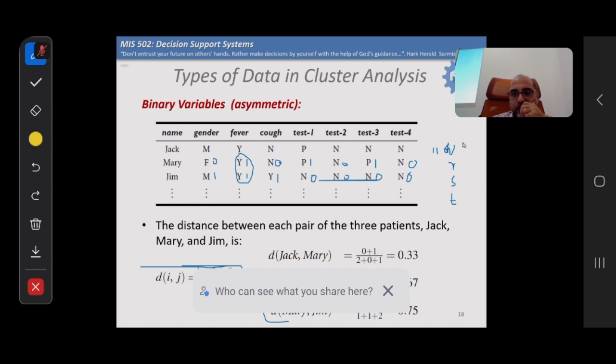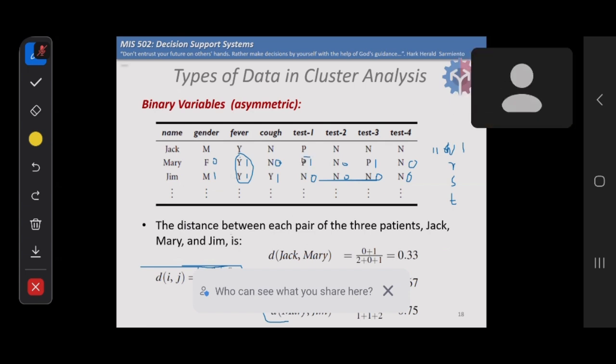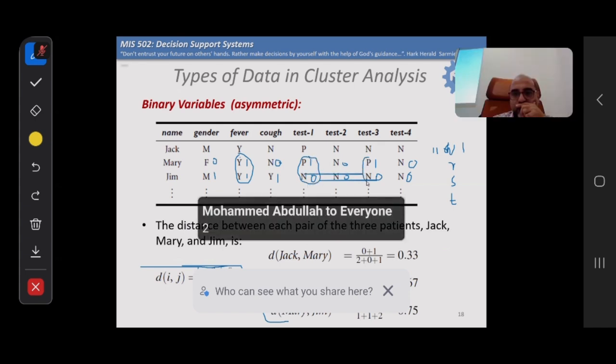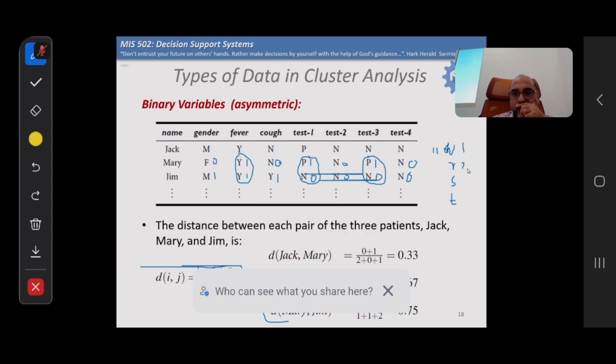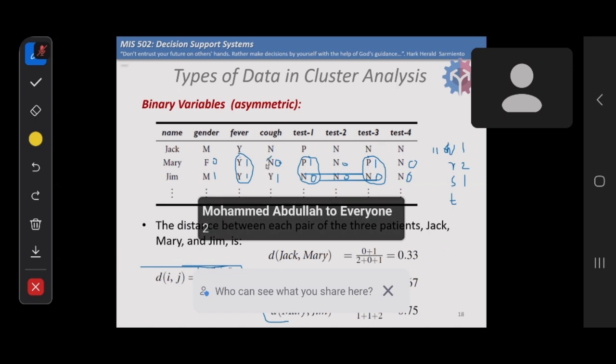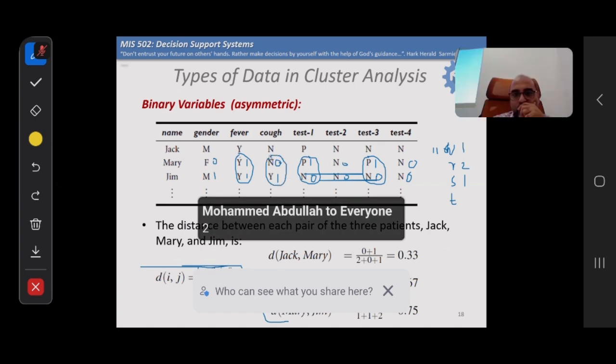Q becomes 1. What about R? 1, 0. We found 2. What about S? 0, 1. That is 2, the cough.